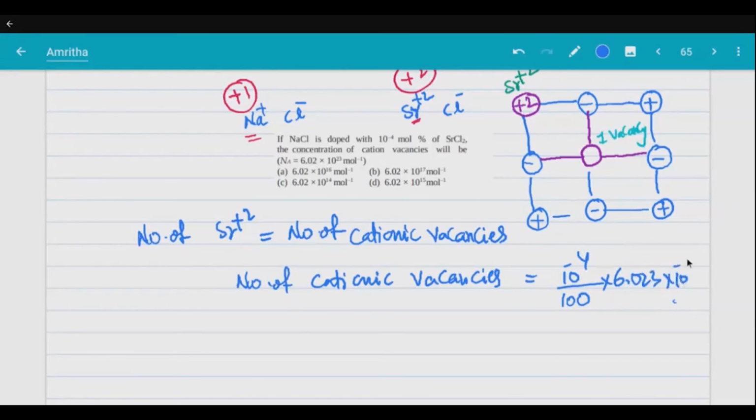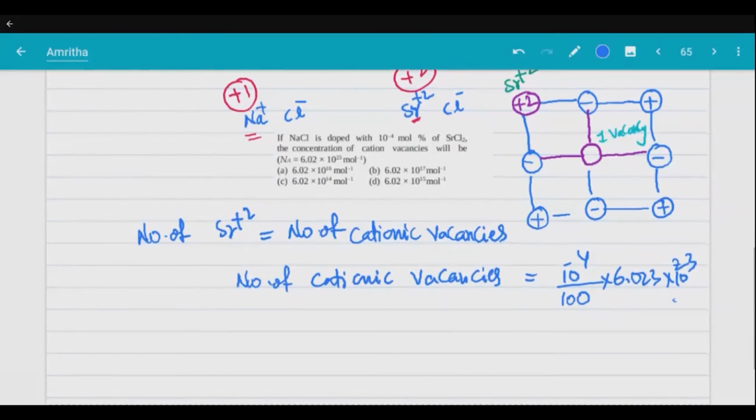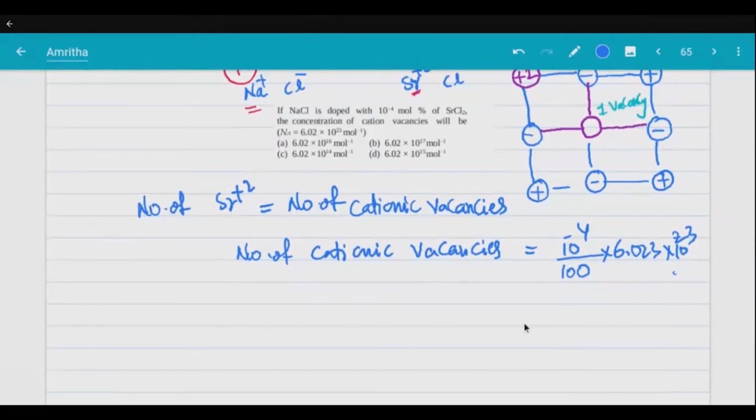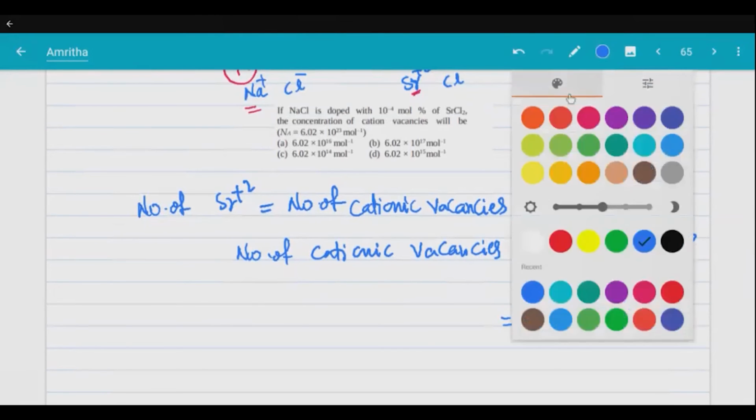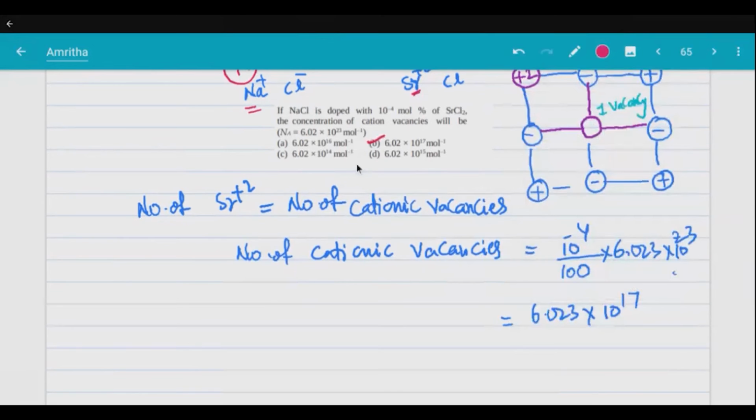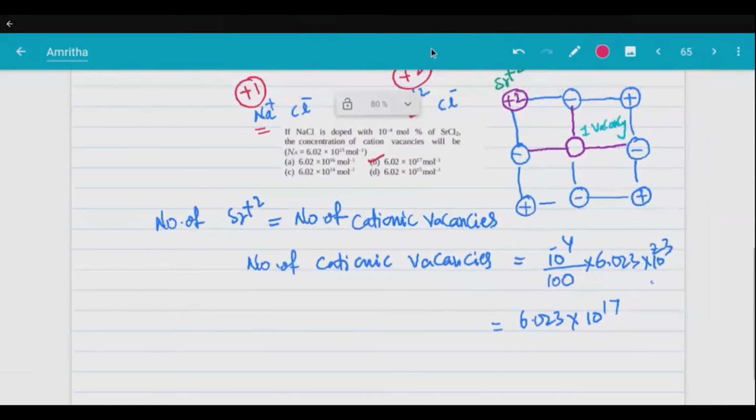What is the correct answer now? This is 6.023 times 10 power 23, and 10 power minus 6. So 10 power 17. So option B. Getting the point, right? Understood? Yes, exactly, B.